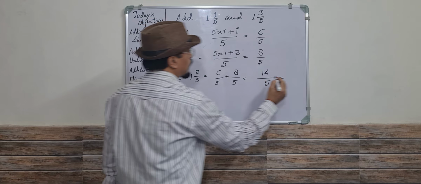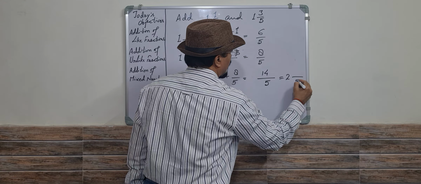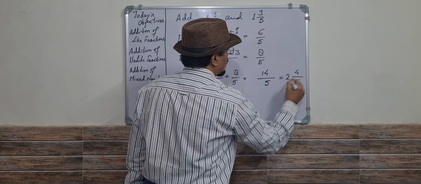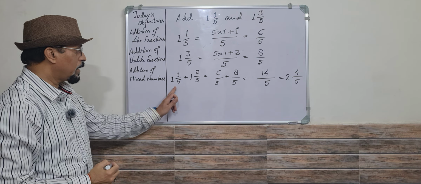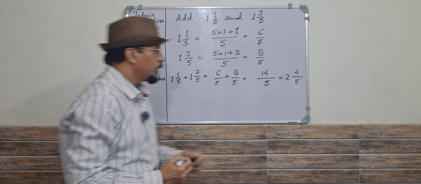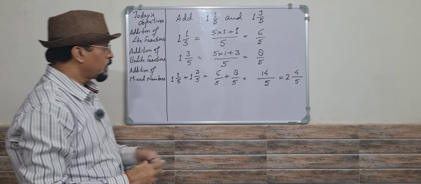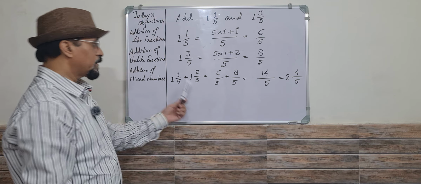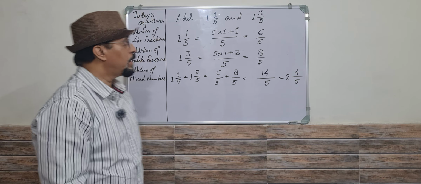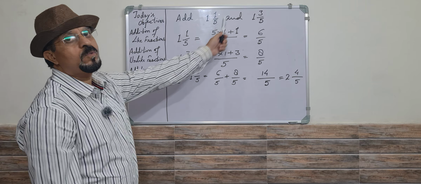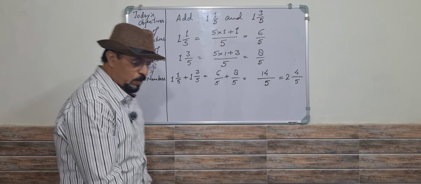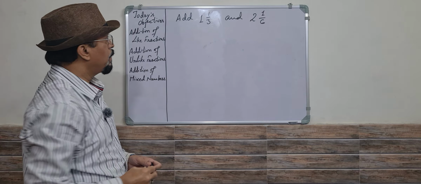How? 5 2s are 10 and remainder is 4. So 2 whole number 4 by 5. So the addition of these two will come out. The previous method was also giving the same answer. This method will also give the same answer, but there are two methods to add two or more mixed numbers. Take another example.